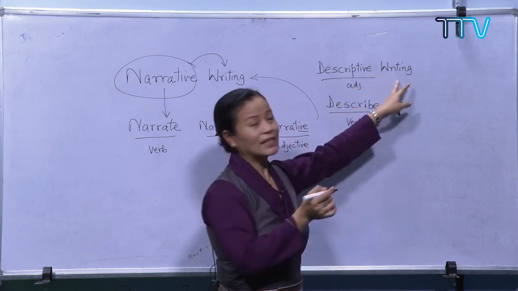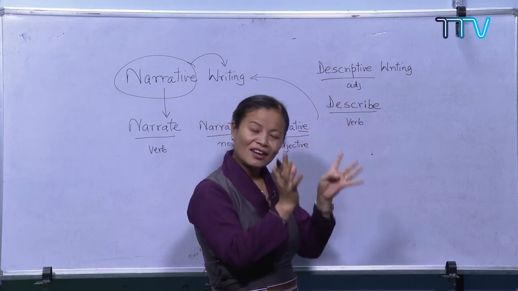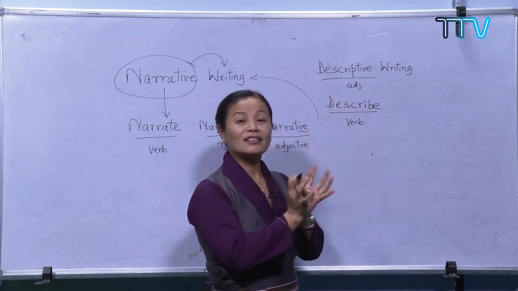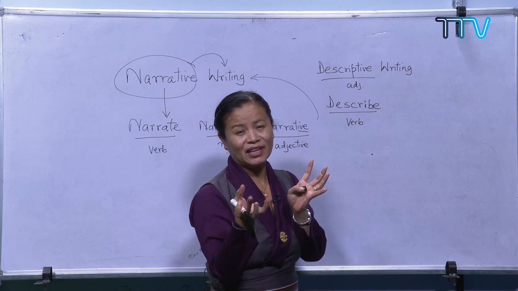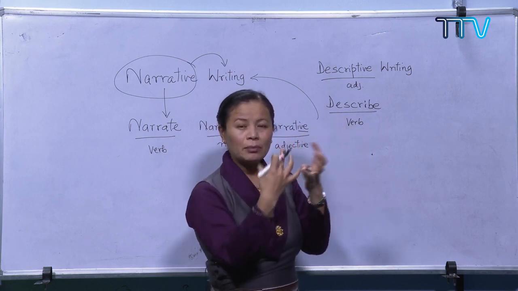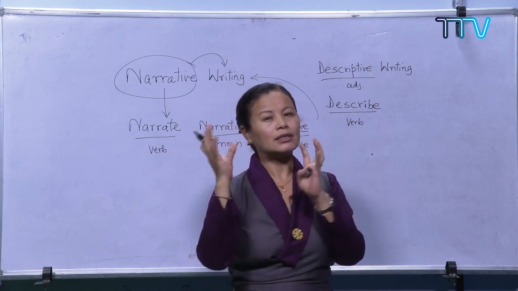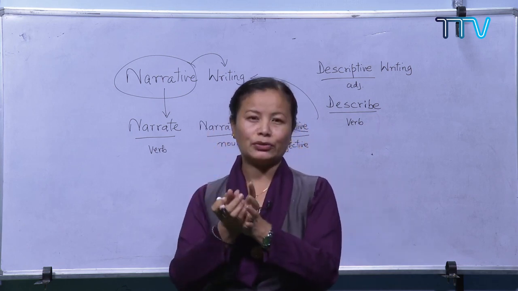So what sort of writing? Descriptive writing, where the author or the writer describes something in detail. So this is how you can puzzle out the meaning of a word when you feel like this is kind of unfamiliar to you.